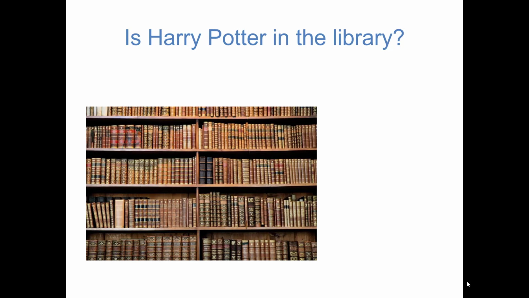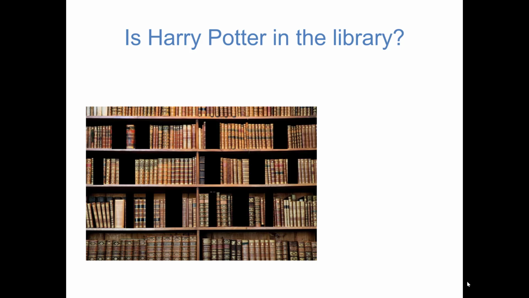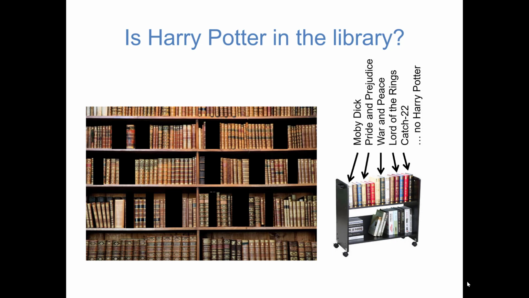So if you wanted to go to the library and check out one of my favorite books in the Harry Potter series, you might be interested in trying to read this. The way you definitely wouldn't go about trying to find Harry Potter in the library would be to yank a bunch of books off the shelf, maybe the largest physical books that you could pull off, and grab them in a cart, and then go through them one by one and say, okay, there's Moby Dick, there's Pride and Prejudice, there's War and Peace, there's Lord of the Rings, there's no Harry Potter in my set of books that I pulled off the shelf.